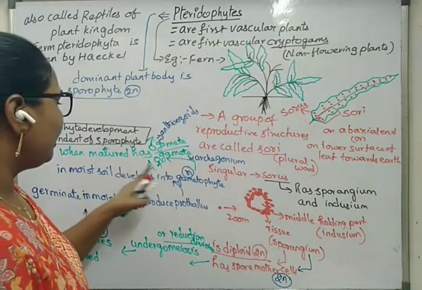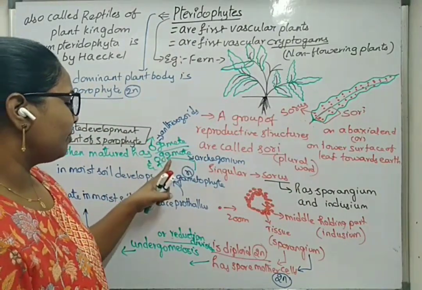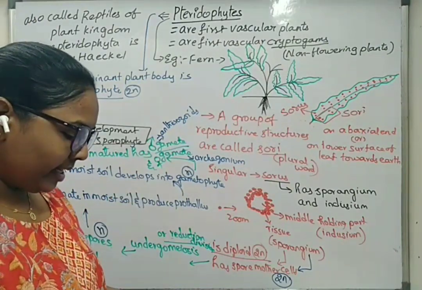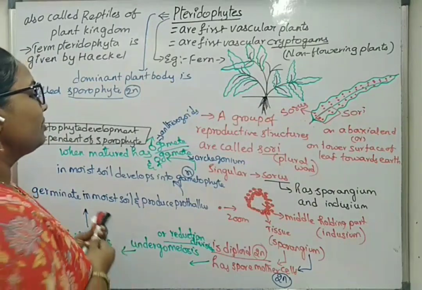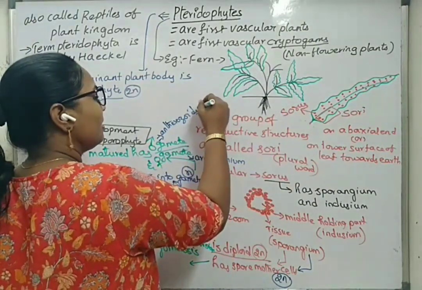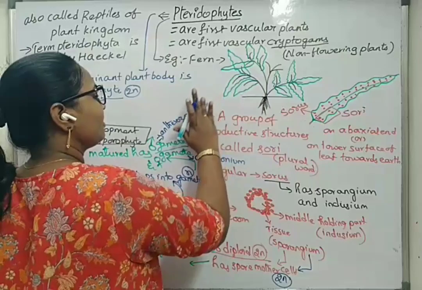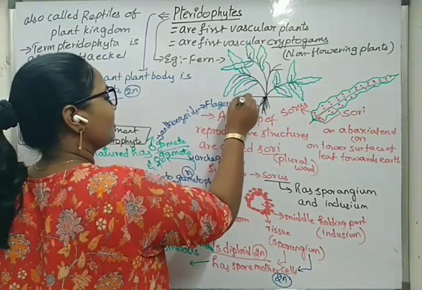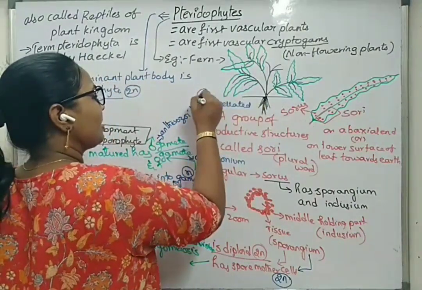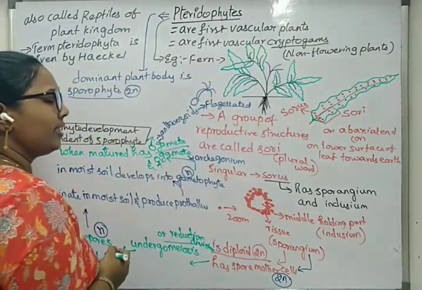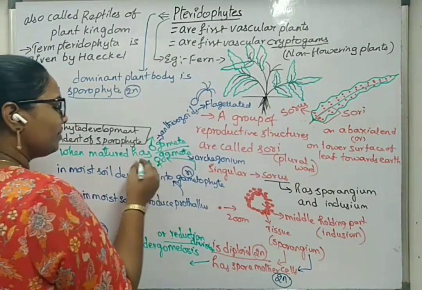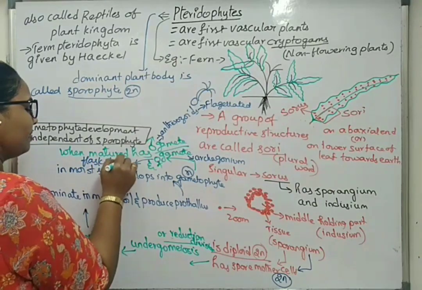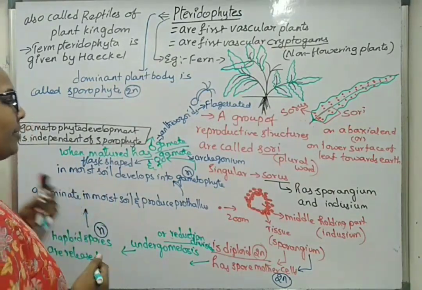We said that the gametophyte produces male gametes, antherozoids, and archegonium, the female gamete. Antherozoids are flagellated. The archegonium is flask shaped.